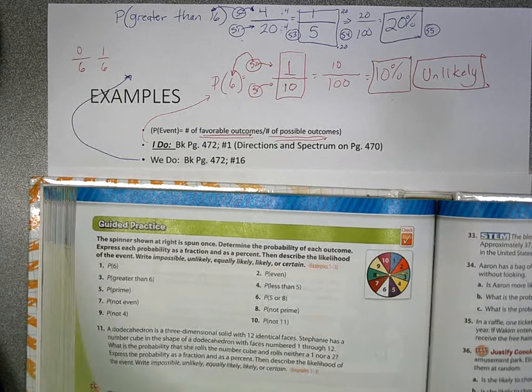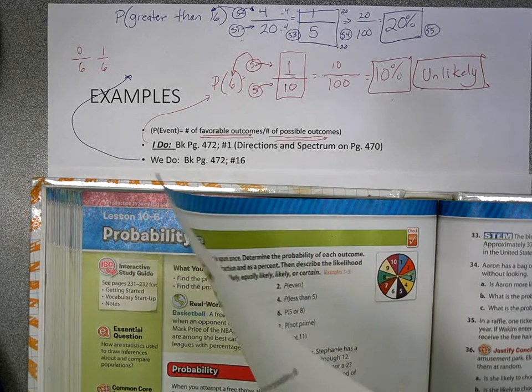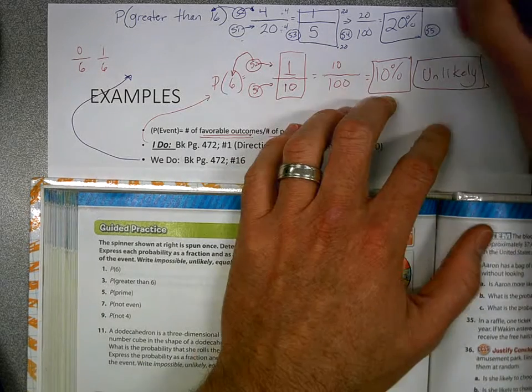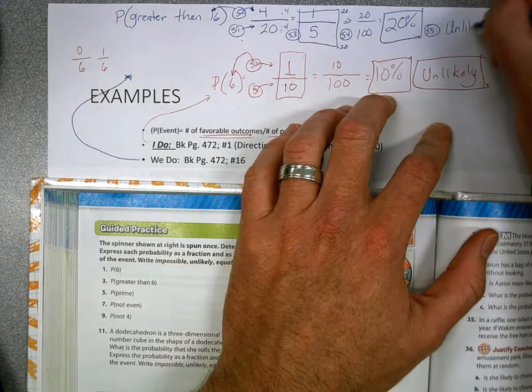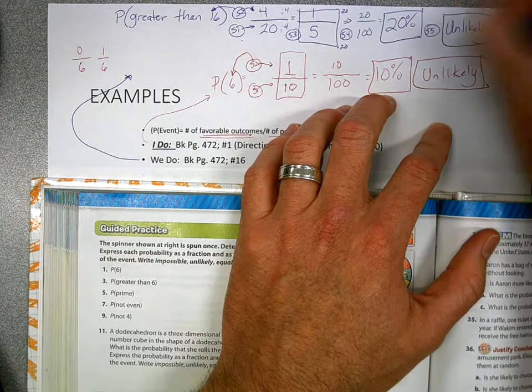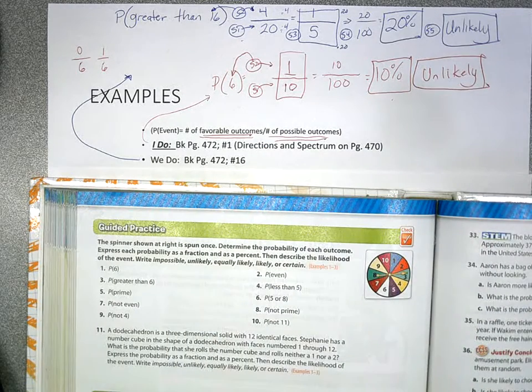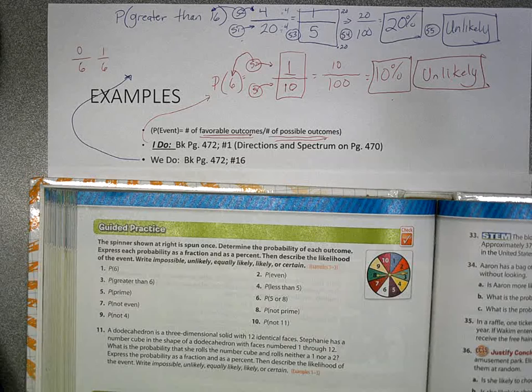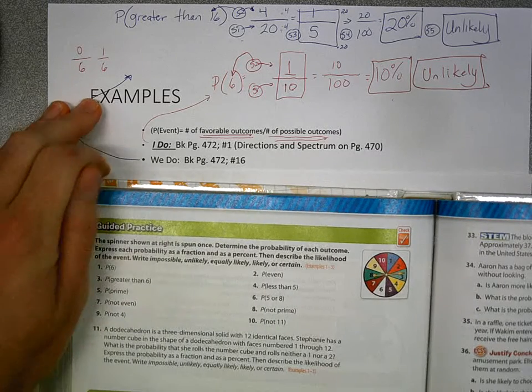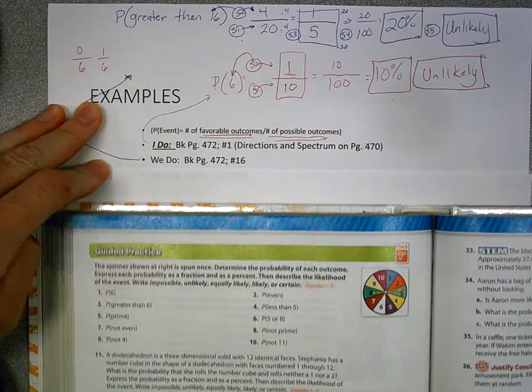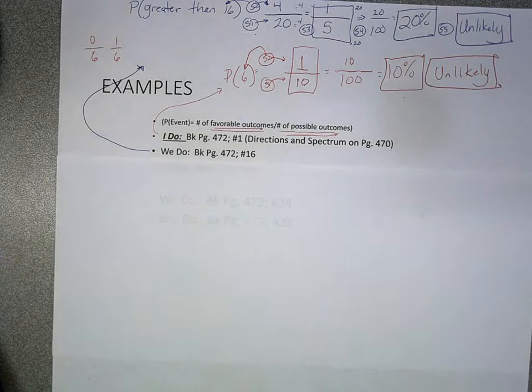Anything between impossible and basically 50% is considered unlikely to happen. All right, guys, questions on that one? Not too hard, right? Okay, go ahead, and I want you guys to try problem number 14. Number 14, go.